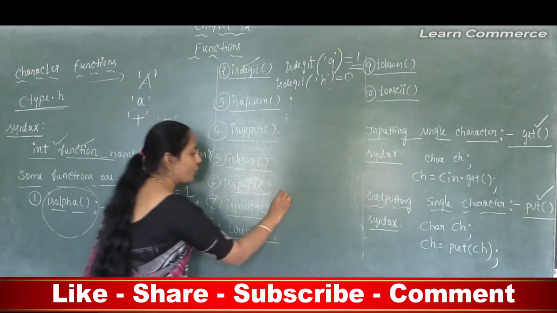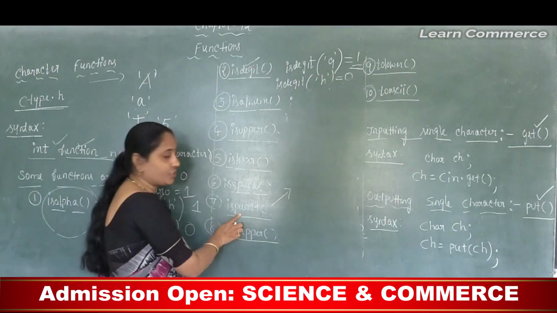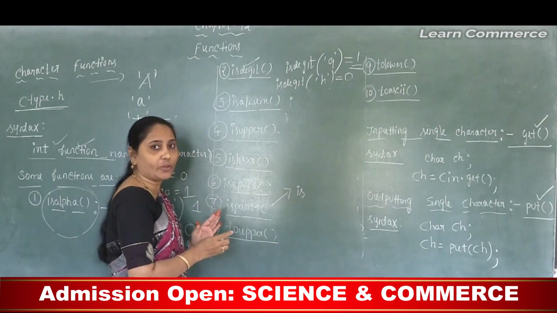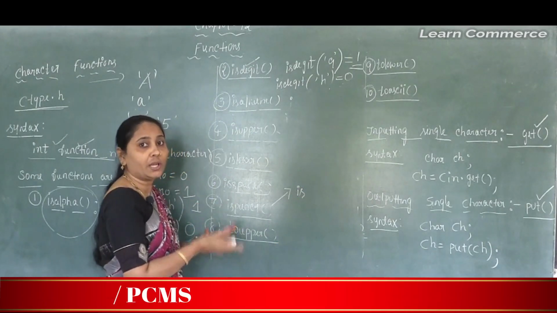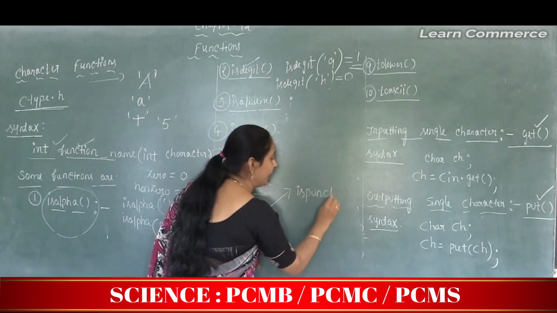So how are we going to write it? I am writing the example for ispunct. No space, we write ispunct, I-S-P-U-N-C-T. Clear this one?